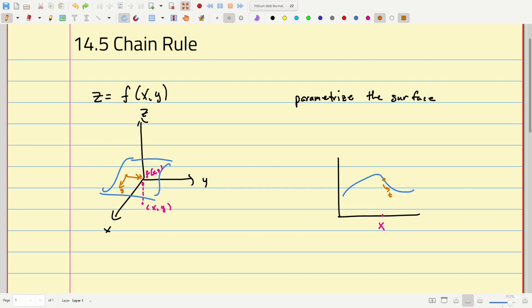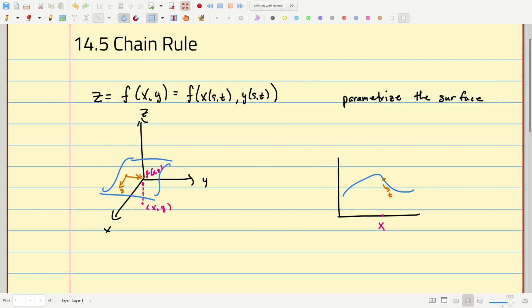So what this becomes is a parameterized surface so that x and y both depend upon the variables s and t, to where I get a position here, and s and t now become the true independent variables.